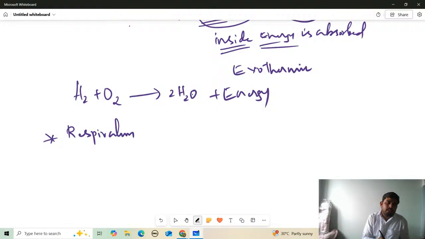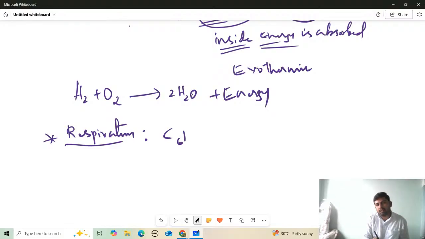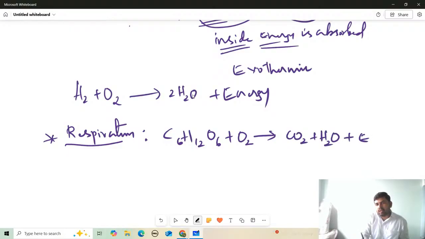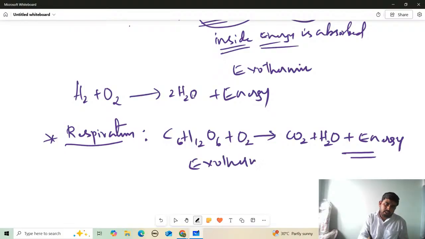Respiration is an example of exothermic reaction. In respiration, the carbohydrate C6H12O6 plus oxygen gas combines and forms carbon dioxide gas and H2O, along with energy produced in this reaction, so it is called exothermic. Reactions which produce energy out are called exothermic.